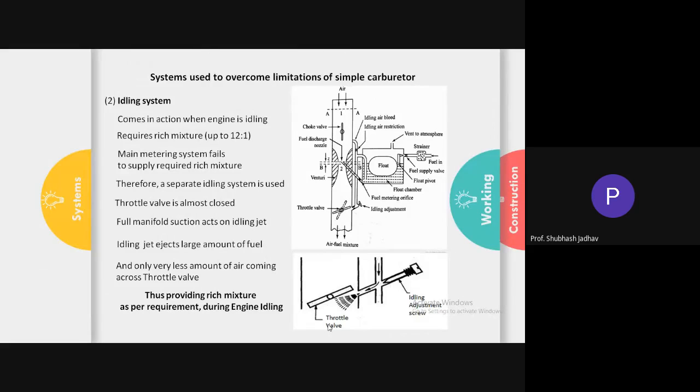Now what is this? This is the idling adjustment screw.